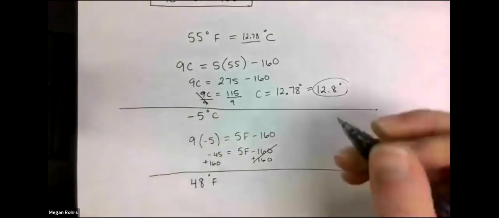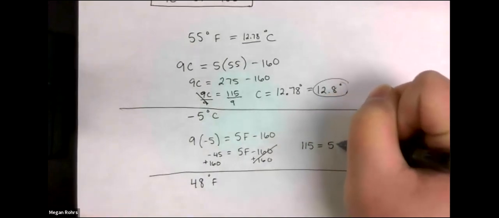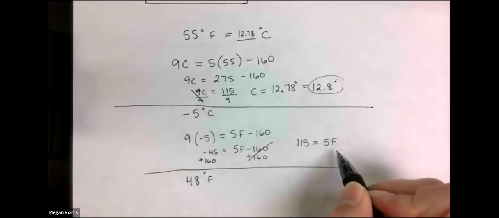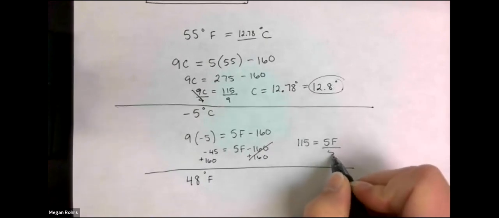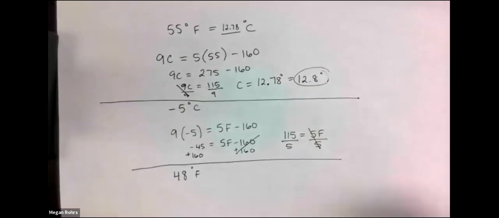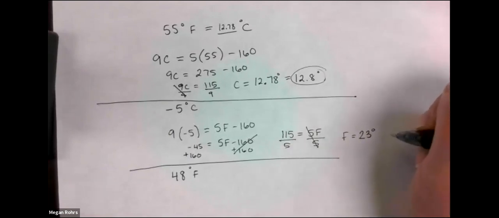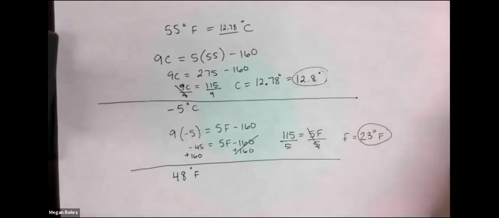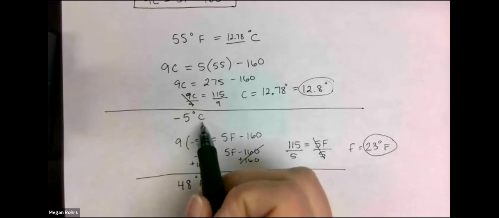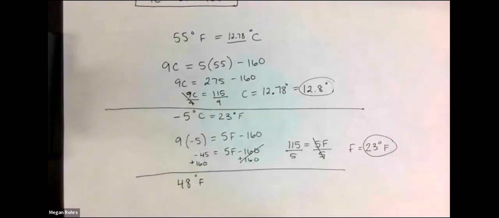Should have left a little bit more room there, I apologize. So we're left with 115 equals 5F. Now to get F by itself, we need to divide off this 5. So 115 divided by 5 gives me 23 degrees Fahrenheit. So -5 degrees Celsius gives me 23 degrees Fahrenheit.